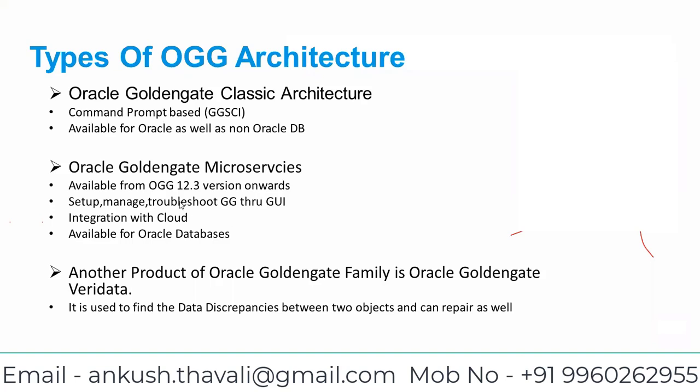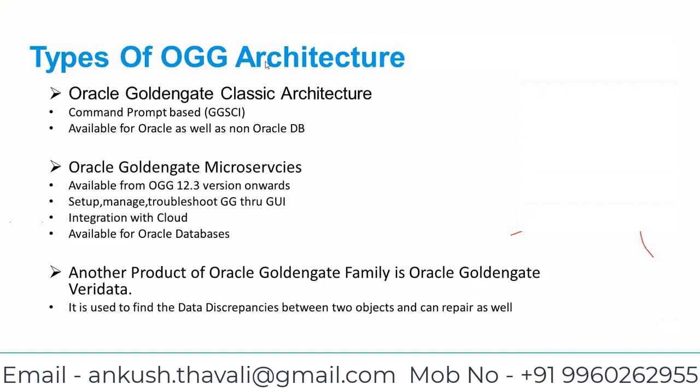Until 19c, Golden Gate microservices was available only for Oracle databases. From Golden Gate 21c, which was launched only a month back, Golden Gate microservices is available for a few non-Oracle databases like SQL Server, DB2 and other databases as well. So you have two types of architecture. One is classic architecture, second is microservices architecture.